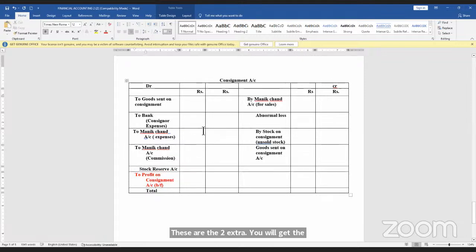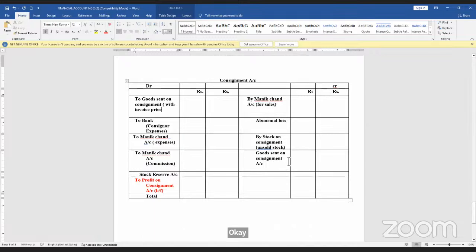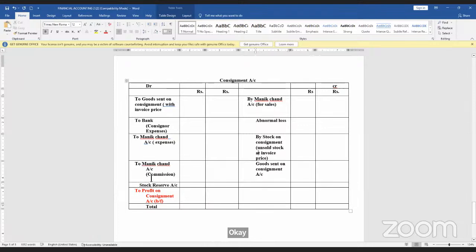I'll tell you, goods sent on consignment, here please note down, with invoice price. And then here, this is for unsold stock at invoice price.